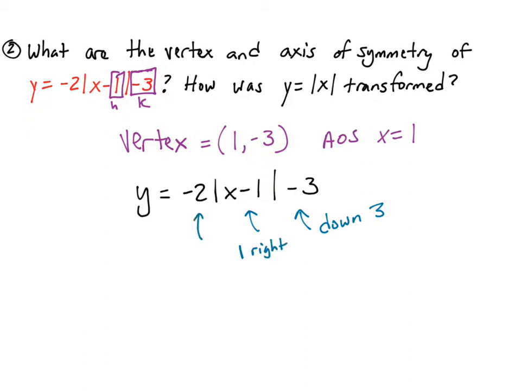And this 2 is a stretch. The negative part of it is also going to flip it over the x-axis. So it was flipped and stretched by -2, shifted 1 to the right, and then down 3 from its original parent function form.